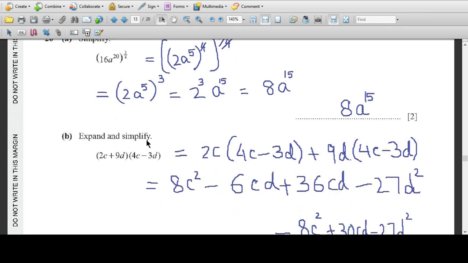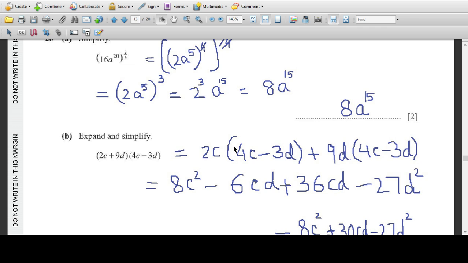Expand and simplify (2c + 9d)(4c − 3d). So we will break this one. So 2c(4c − 3d) plus 9d(4c − 3d). So 2c times 4c is 8c square.